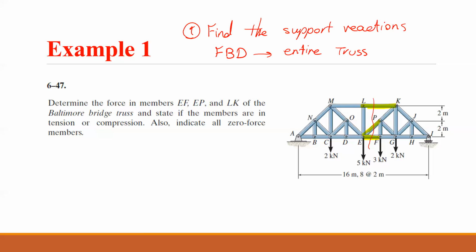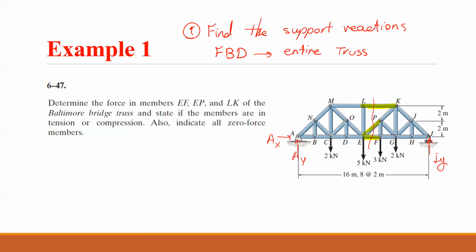When we want to find internal force, we need to cut, but when we want to find the support reactions, we should consider the entire truss. So I have 2 reactions here: AY and AX, because it's a hinge, and the other one is a roller, so I have IY.